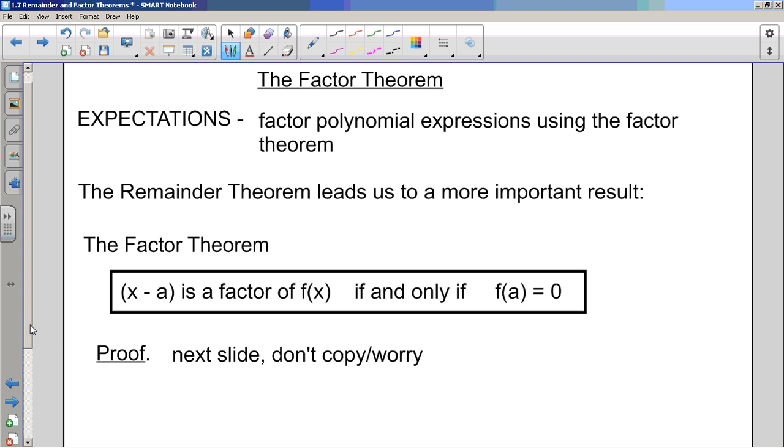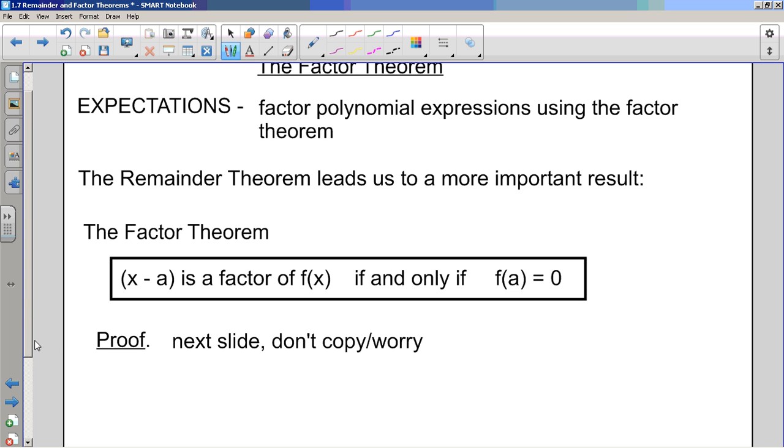We went through the proof of the remainder theorem, but I'm going to put the proof of the factor theorem in a separate video. If you're headed to university for math or for science or for engineering, and you know you're going to be taking math in first year, you should watch this.